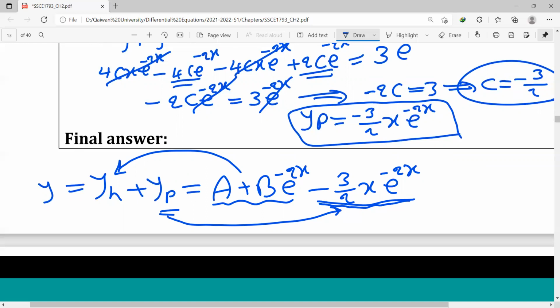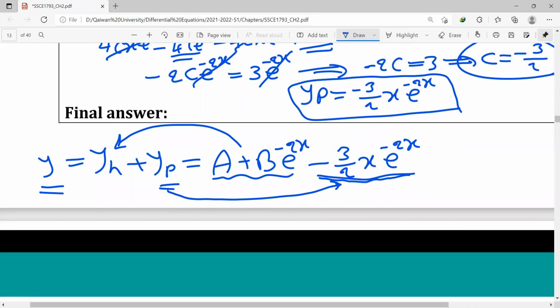When we do that, we can get the value of the constants in the particular solution. After finding the constants, we replace them in yp. Then we just add yh and yp to get the general solution. The general solution is the homogeneous solution plus the particular solution. That's all the steps that I did here.